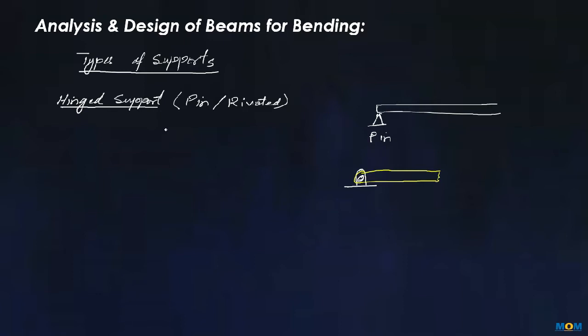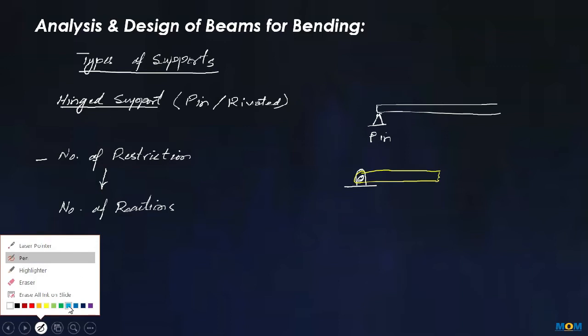Now we have to calculate or see the number of restrictions posed by the application of this support, because on the basis of the number of restrictions we are going to calculate the number of reactions.